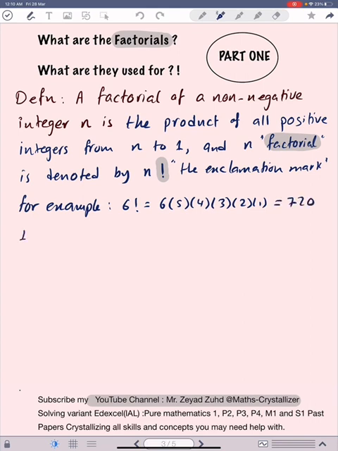So in general, n factorial is, in math notation, n times n minus 1, n minus 2, n minus 3, till getting 1. This is the meaning of n factorial.